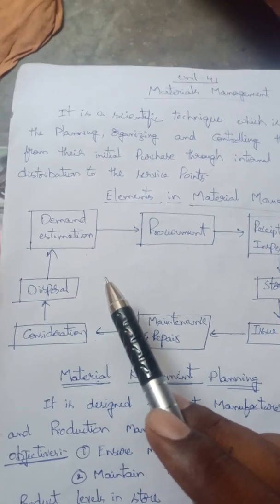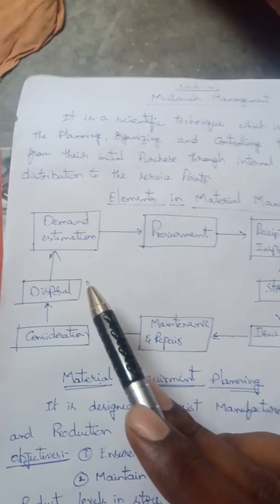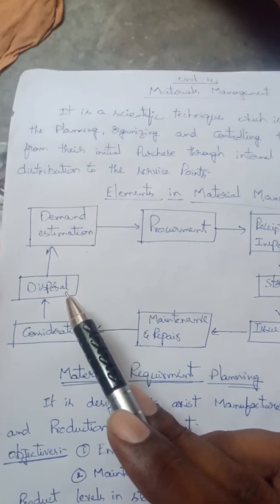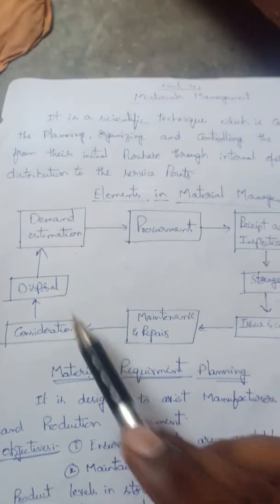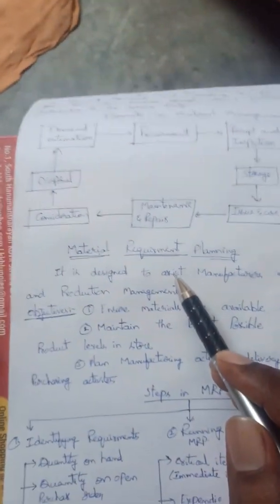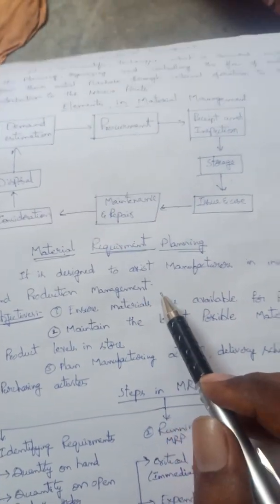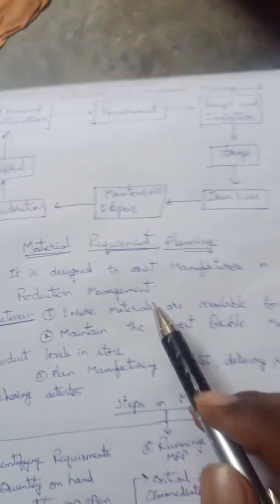The disposal should be either from a reengineering process point of view, or otherwise from a disposal point of view. Any particular platform is required. So in that, MRP, material requirement planning, the concept is that it is designed to help the manufacturer with the inventory for production management.